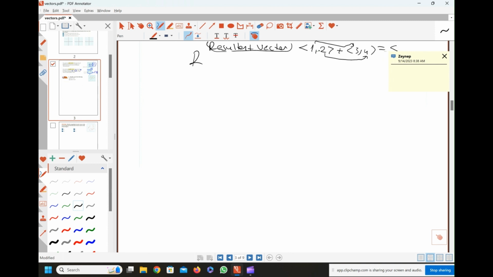So 1 plus 3 is 4, 2 plus 4 is 6. This is how you find the resultant vector, by adding two vectors together, x components together, y components together, we get the sum. That's it.